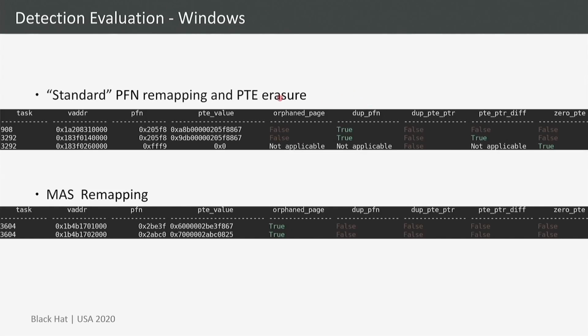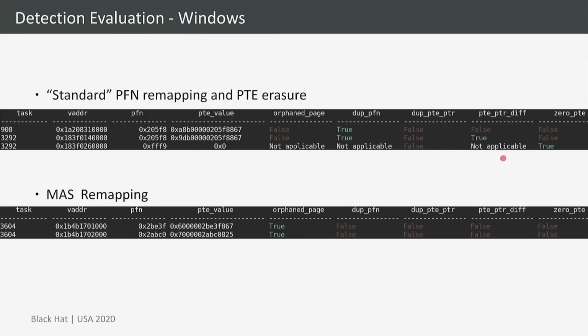We can also see in the PFN column that there's in fact the same PFN value for those 2 entries. What we also can see is a true value for the PTE pointer diff, which means that the PTE with its PFN points to a certain MMPFN struct, but the MMPFN struct does not point back. So we have a diff here, and this also means that the second entry is the malicious one, or most probably the malicious one, because it has the value true in this case.